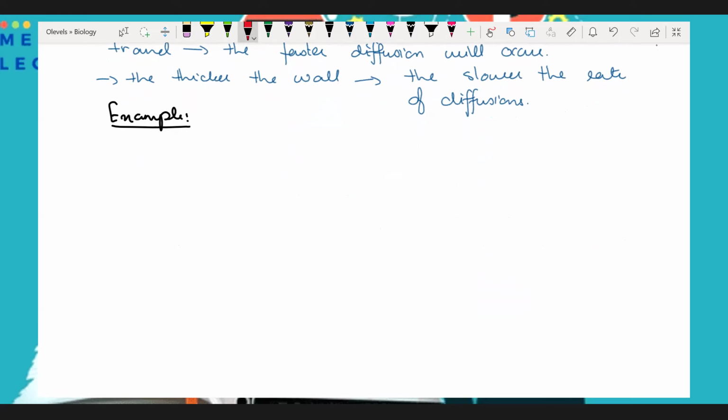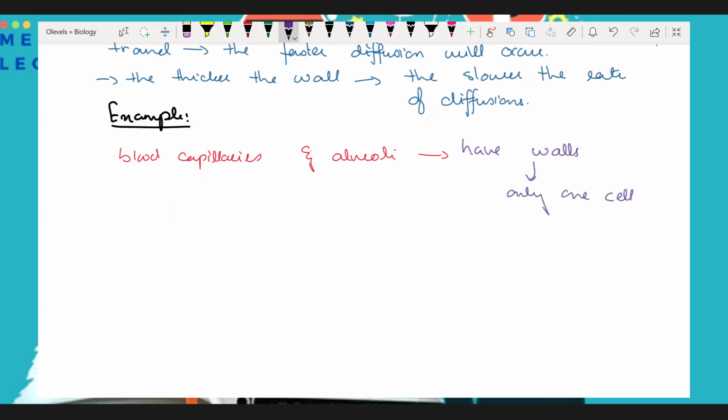You know that the blood capillaries and alveoli have walls that are only one cell thick, right?